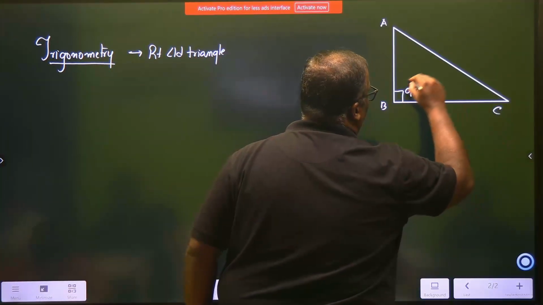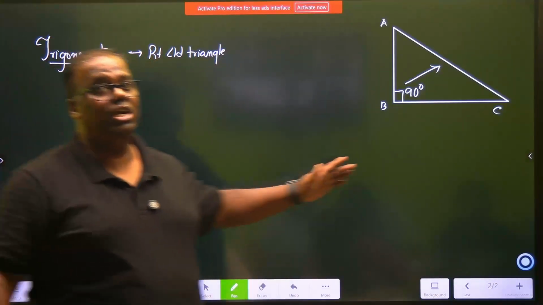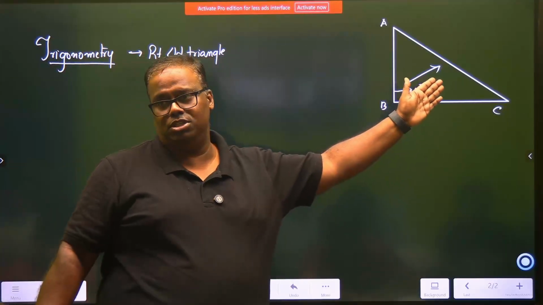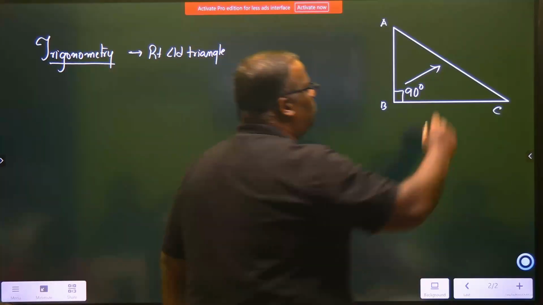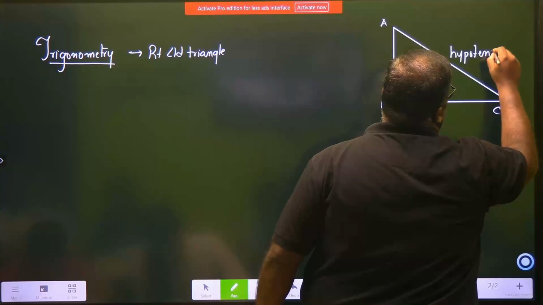My first thing would be to sit on the 90-degree angle and look at the side that is bang opposite to 90. The side that is bang opposite to 90 is called my hypotenuse.